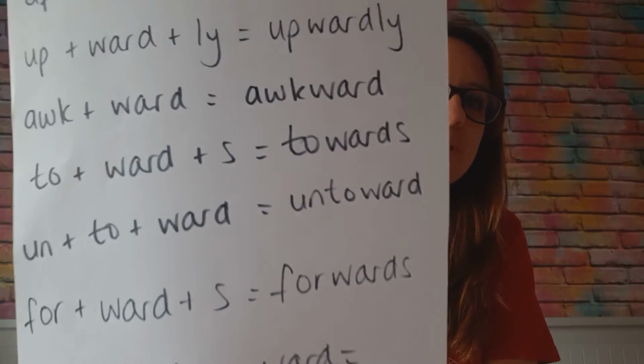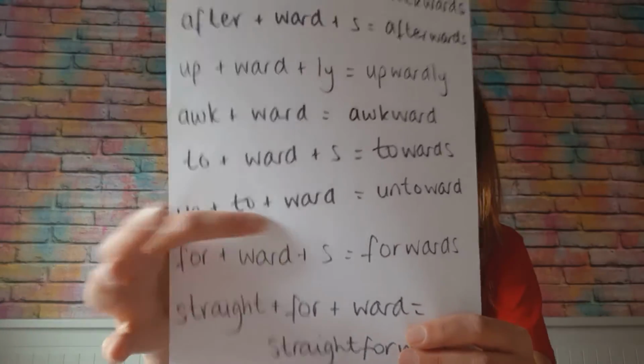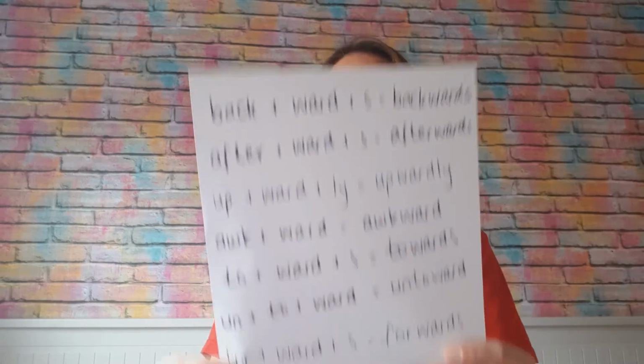Towards, so to, meaning to, towards, you're going in the direction to that person or to that thing. Untoward. Now, untoward is actually an adjective describing, oh, that was a bit untoward. And it's similar to awkward, because untoward means not going to. So it almost means not quite right, or like you weren't quite expecting that to happen, because it means not going in the direction that you thought it was going, basically.